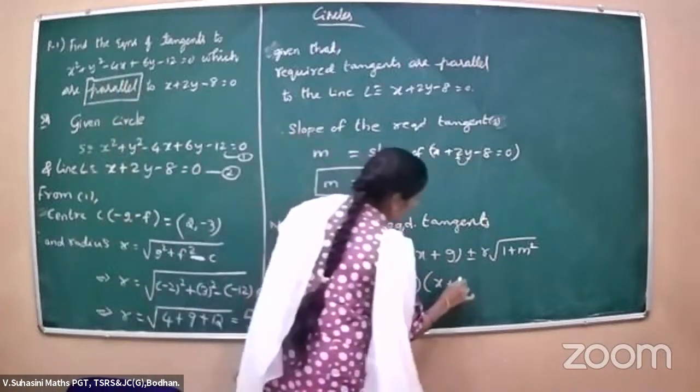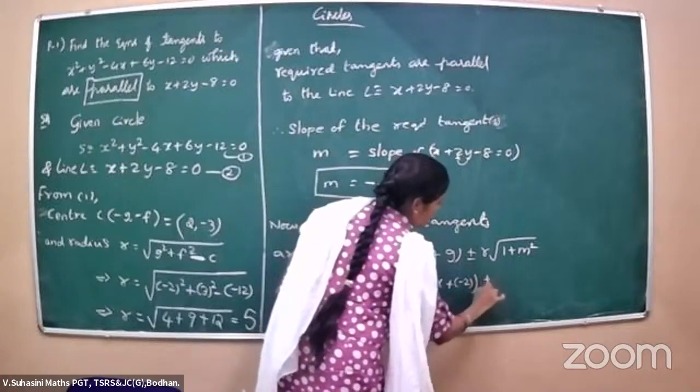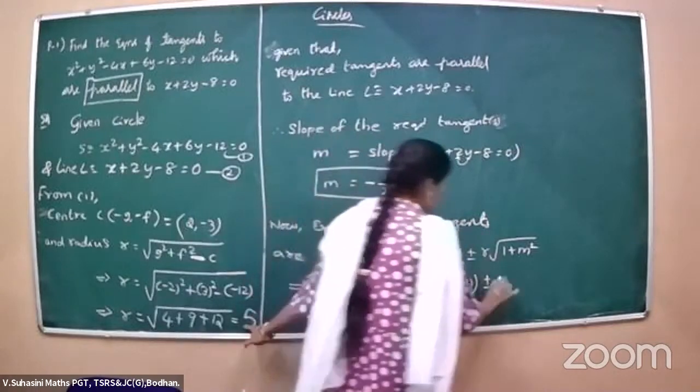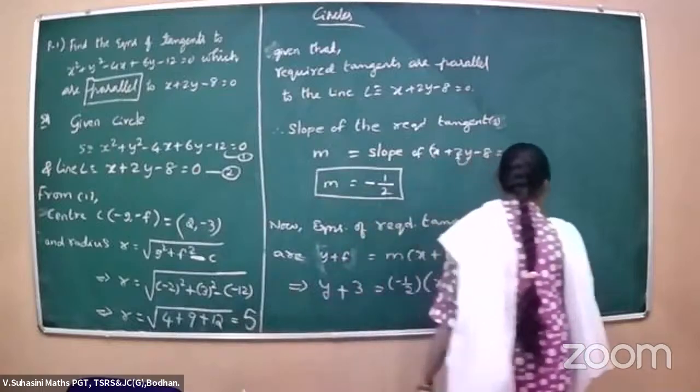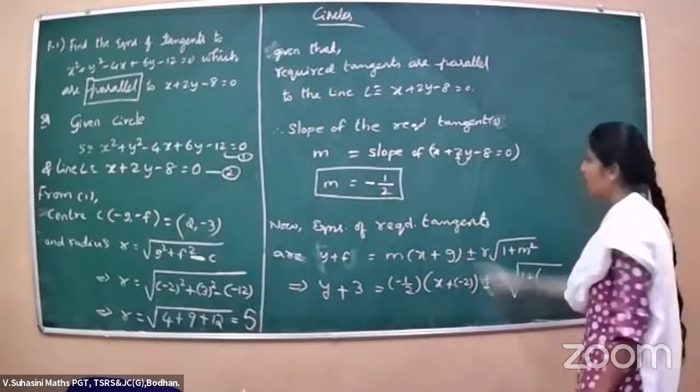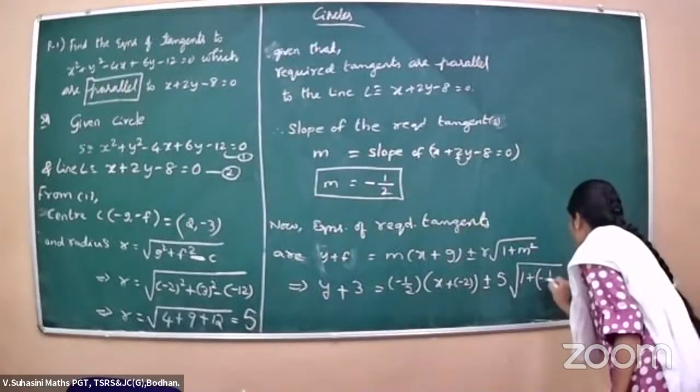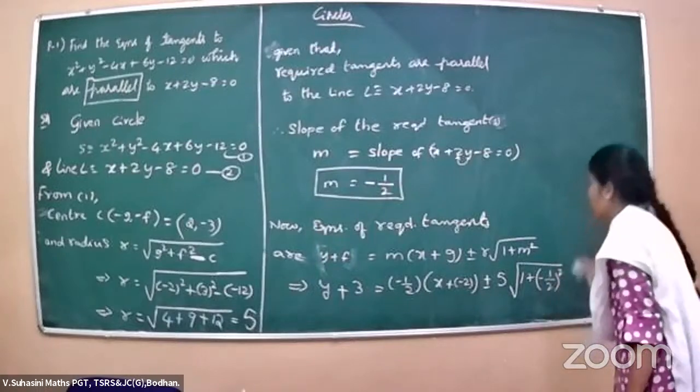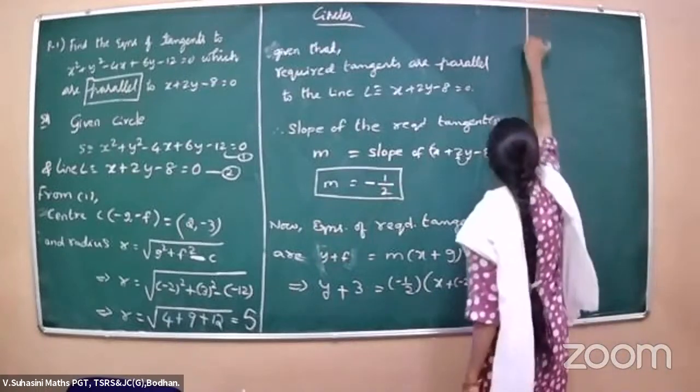Half of the x coefficient, minus 2, plus or minus, what is the radius, children? 5 into under root of 1 + m squared. M is the slope, and it is squared. When we square, the negative will become positive.